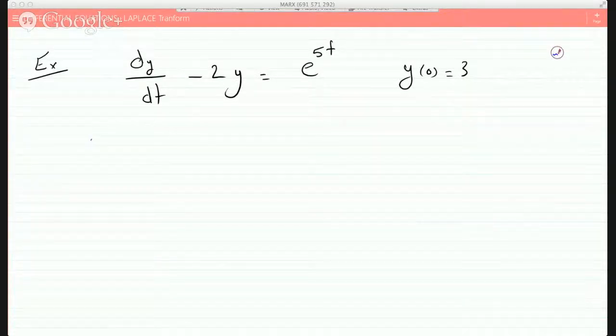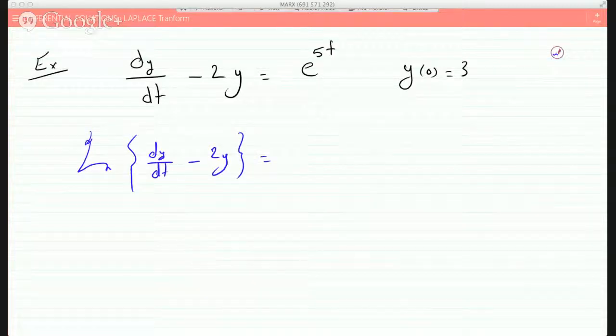Let's use this L of dy over dt minus 2y. And then you take the Laplace of e to the 5t. So you take the Laplace on both sides, and here I can take the Laplace of the first plus the Laplace of the second, because this is a linear combination.